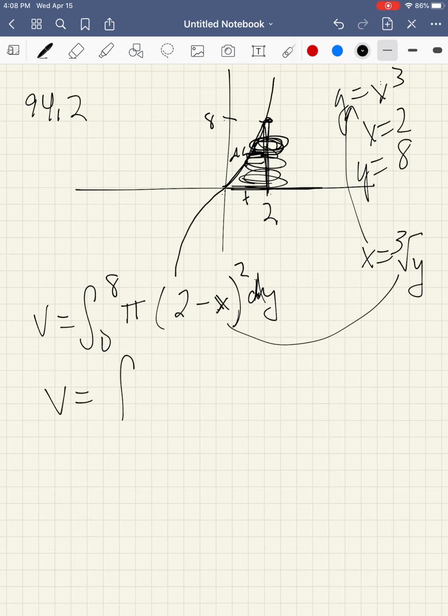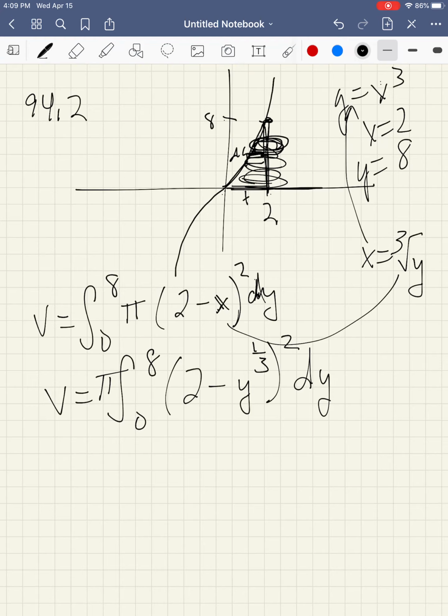So I can plug cube root of y in here for x. So volume will be pi, I can pull that out in front, times the integral from 0 to 8 of 2 minus, we could write it as the cube root of y, or we could write it as y to the 1/3, and then that's squared dy. All right, so there's the integral.